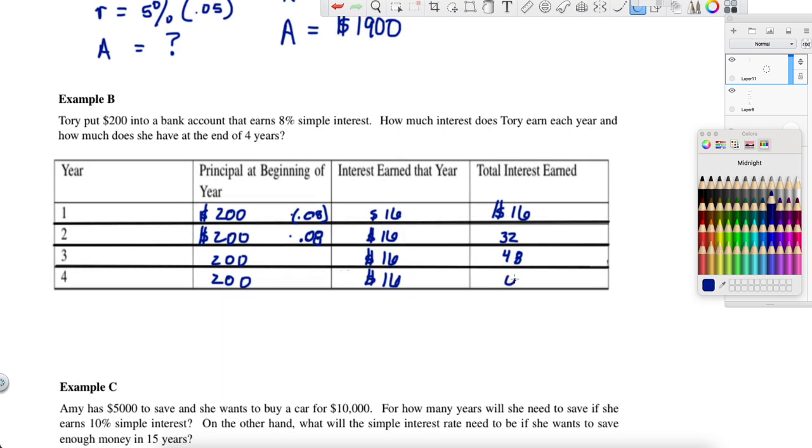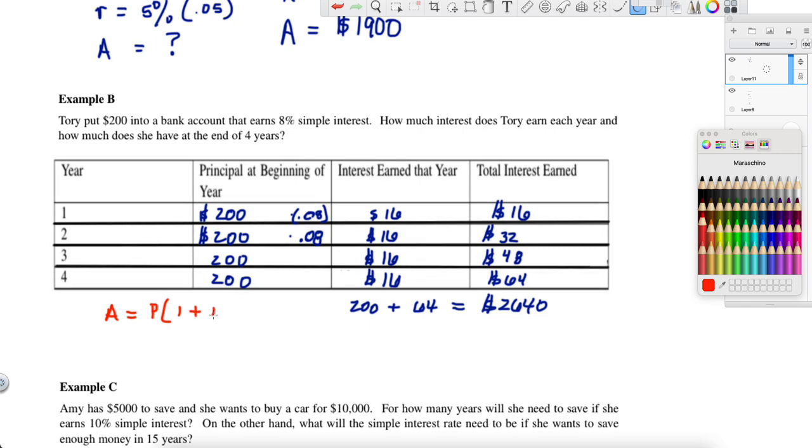That gets me to $64. Okay, so $64 of interest. Well, that would mean at the end of 4 years, I have the original 200 plus 64 bucks, and we have 264 total.